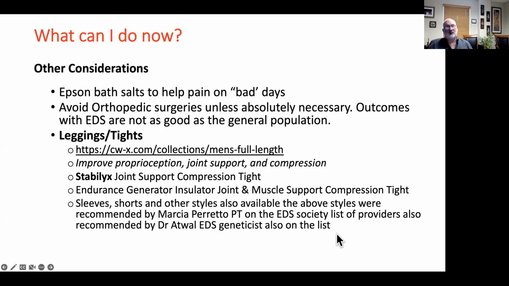Other things that you can do: in the morning, a lot of people wake up with a lot of stiffness. If you get in a warm bath with Epsom salts, that seems to help people get going in the morning. In general, you want to try to avoid any orthopedic surgeries. People who have EDS don't do well with surgeries.